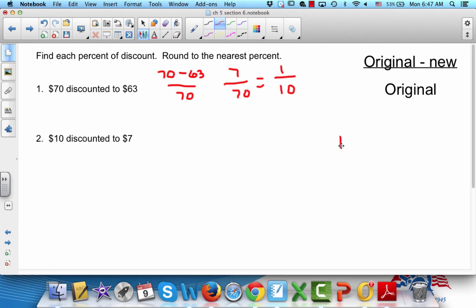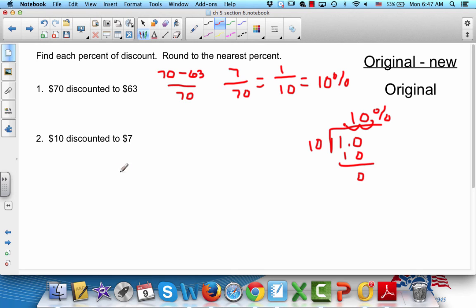And then we go 1 divided by 10. 10 goes into 10 1 time. 1 times 10 is 10 with 0 left over. Move the decimal 2 places. Fill in that spot with a 0. And we've got 10%. So there was a 10% discount on that item.